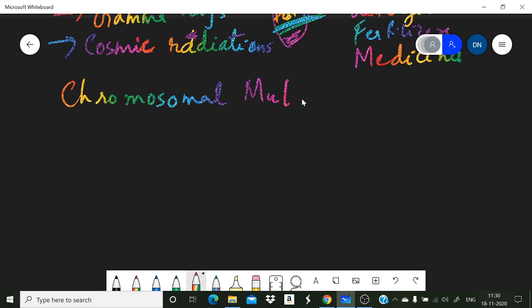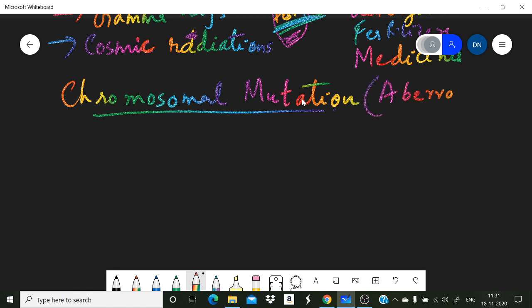Chromosomal mutation. Chromosomal mutations are the changes that occur in the structure and number of chromosomes. Chromosomal mutation, or we can say that it is chromosomal aberrations.